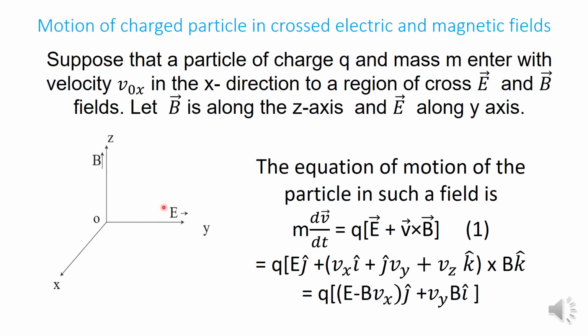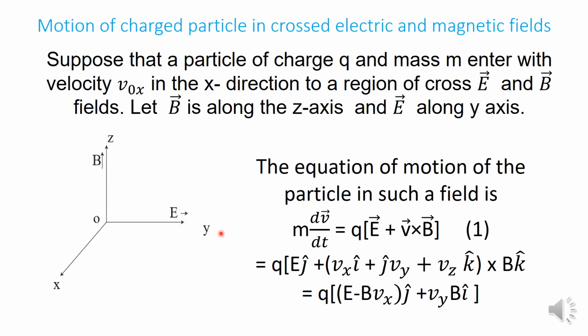As the charged particle has a velocity, that is, is in motion, obviously a magnetic force acts, which is given by q into v cross B, where v is the velocity at any time t, and also an electrostatic force, which is q into E, acts on the charged particle.